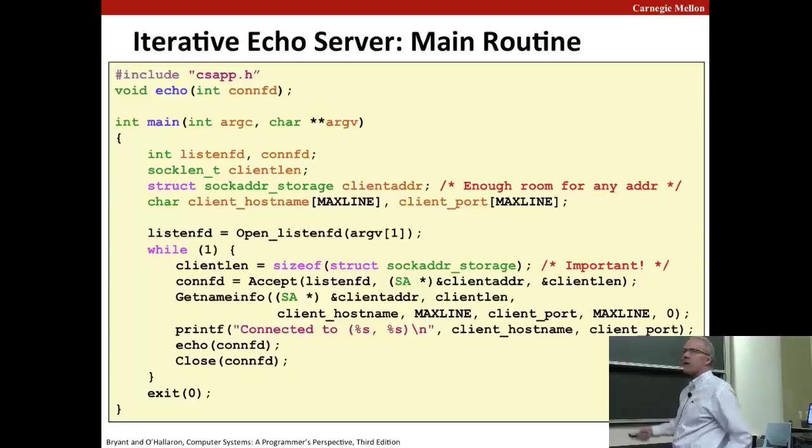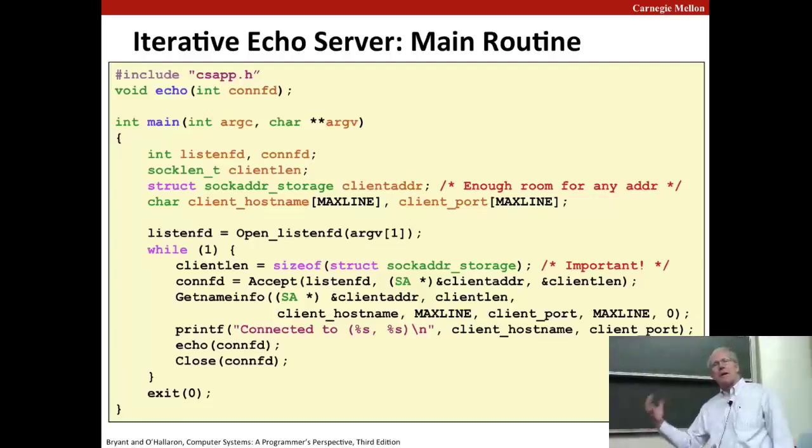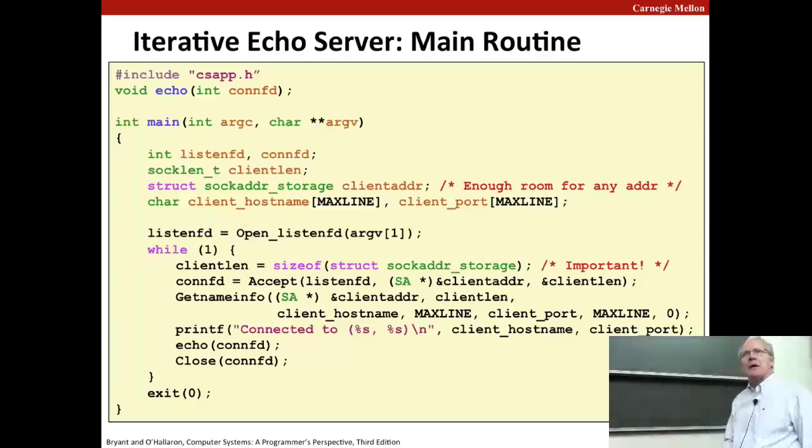So accept, you recall, is the way it says, okay, I'm going to wait here until a client contacts this server. So you make a call to accept, and it will just hang until that contact occurs. And then what it will return to you is a new file descriptor that we call the connection file descriptor here, which is different from the listening file descriptor.